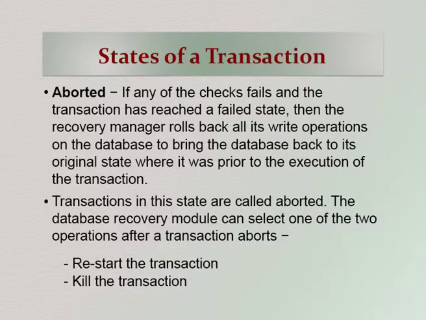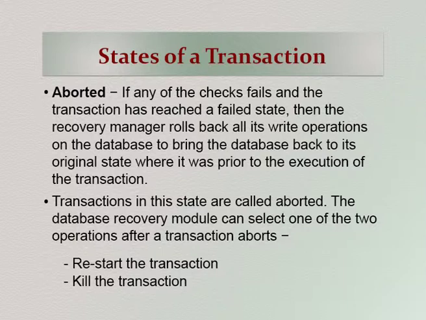Then the next state of a transaction is aborted. If any of the checks fails and the transaction has reached a failed state, it means that the transaction has not happened, and the recovery manager rolls back all its write operations on the database to bring the database back to the original state. Suppose some tasks have happened and at some point the checks failed, and we have not given any commit command.